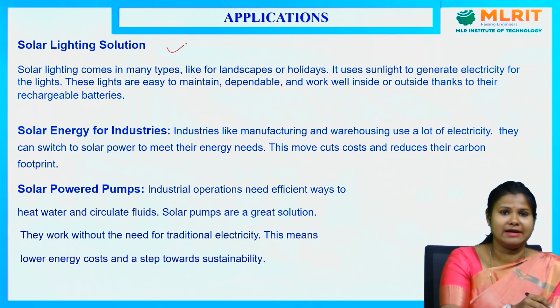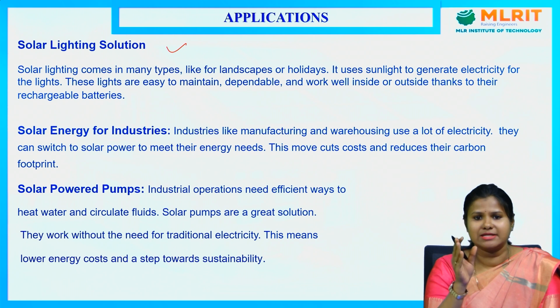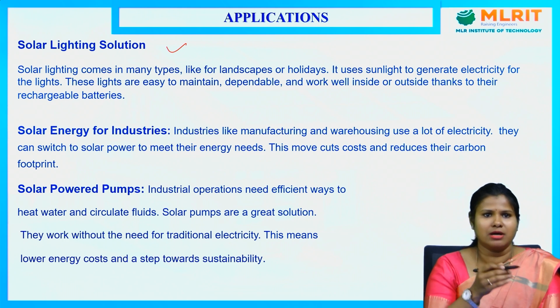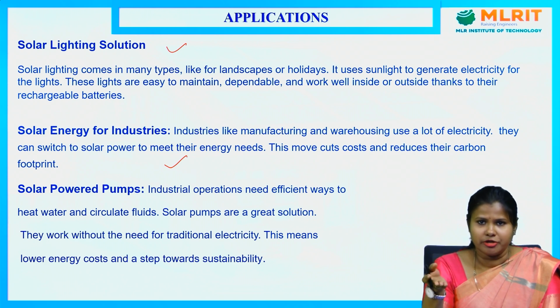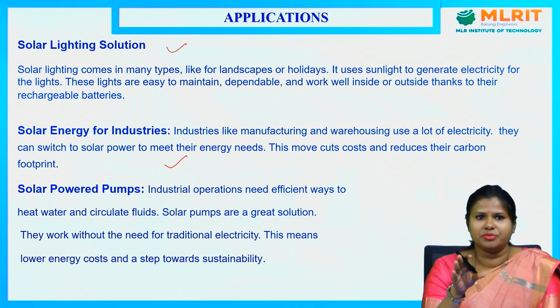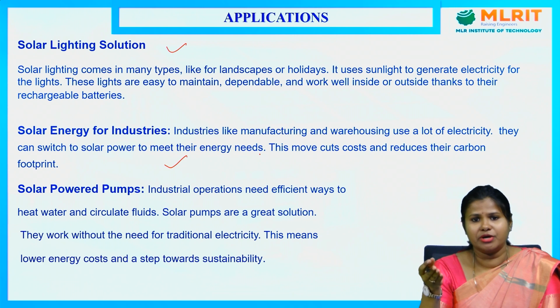Again, solar lighting. Solar lighting means these days we are using solar lights, like street lights, which will be operated using the power of the sun. And in industrial uses also, in order to meet the electricity deficiency of these industries and to reduce the carbon footprint from the power we are using from any other source, we are replacing it by solar energy.